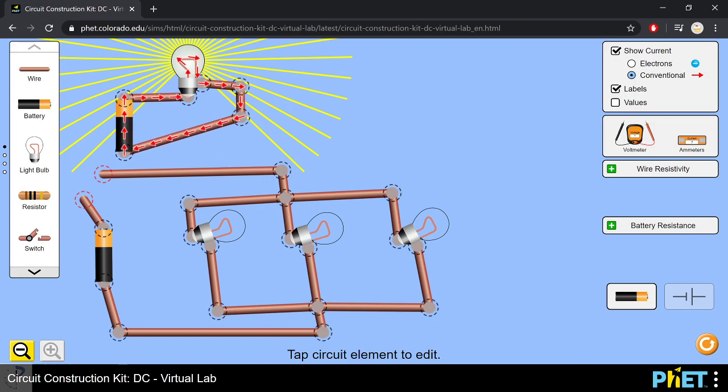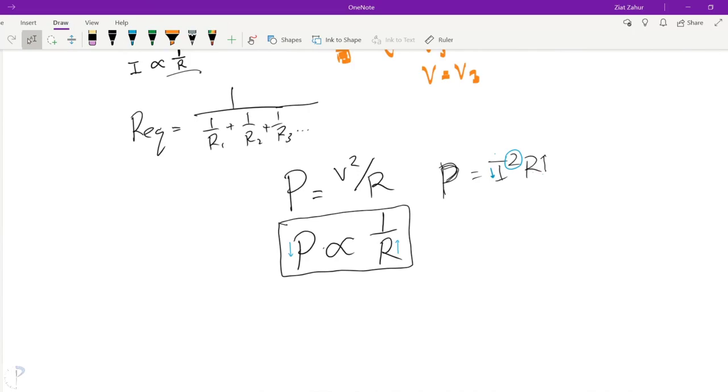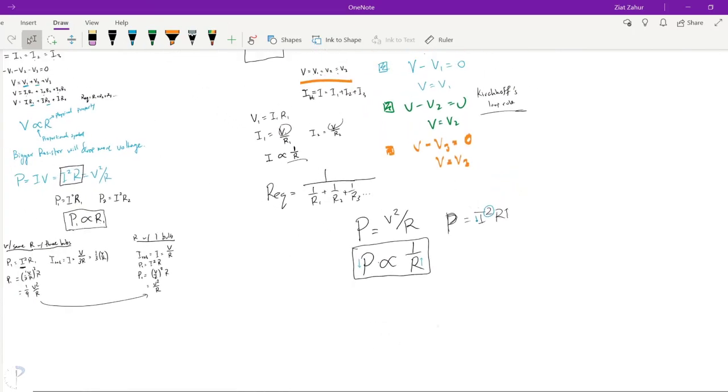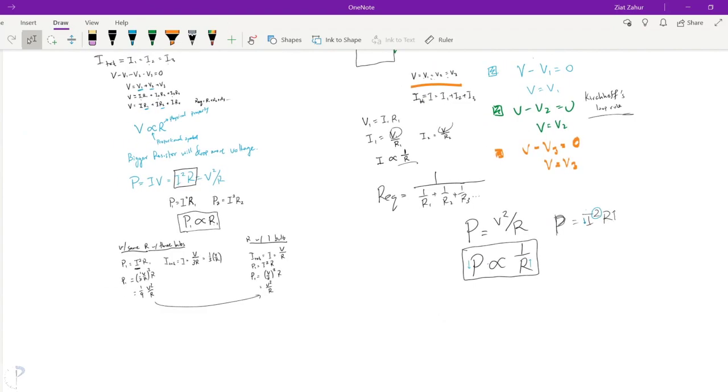Okay. So let's see if we can predict it. That's the whole point of getting these equations, so we can make predictions. Well, the prediction, let's see, power, we said, is equal to V squared over R. And V is the same, even though the resistors are different now, because they're parallel, and parallel resistors have the same voltage no matter what the value is.